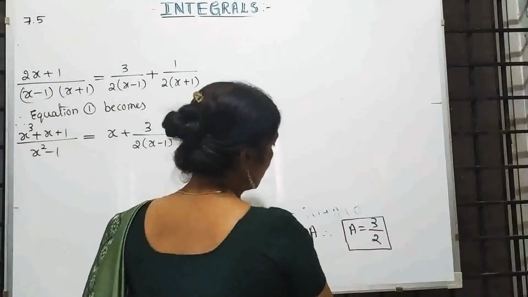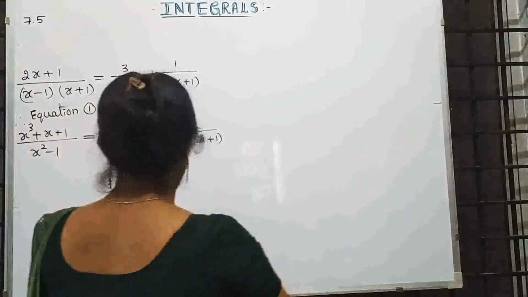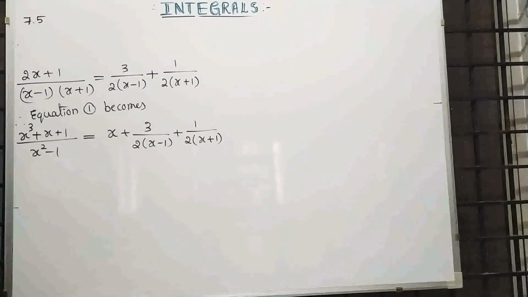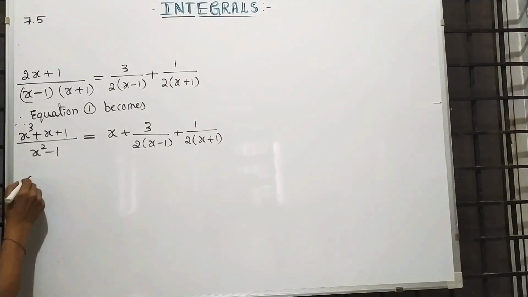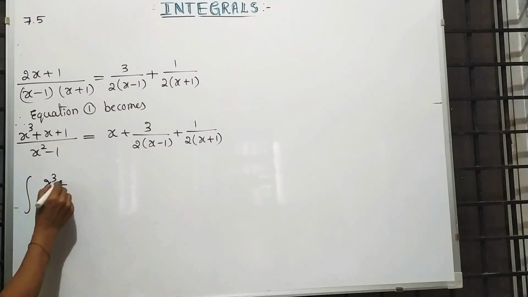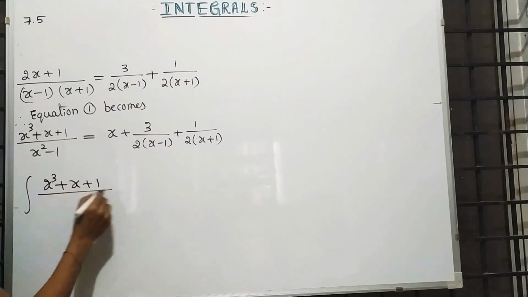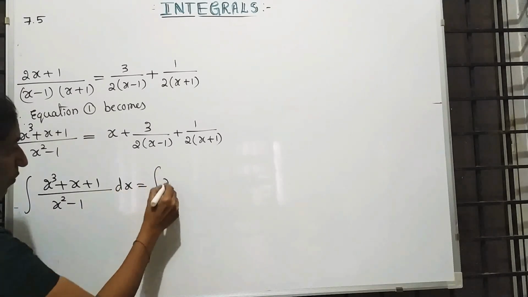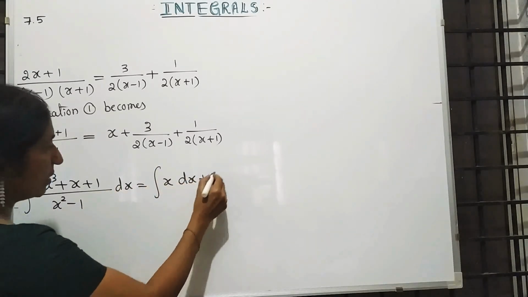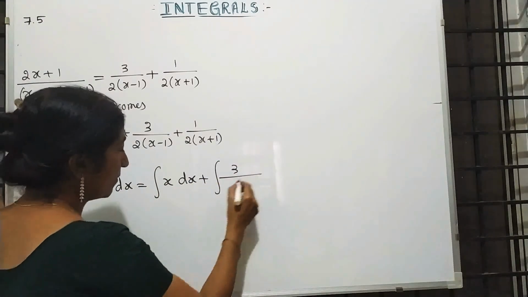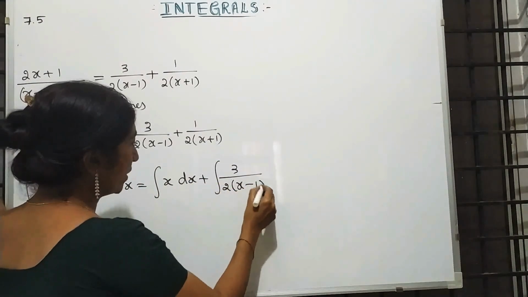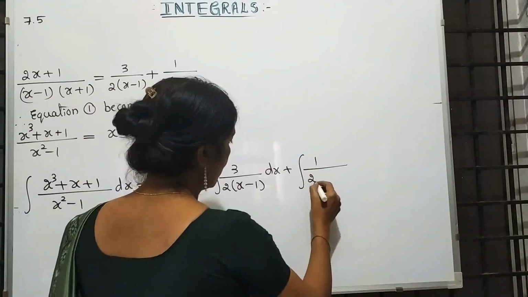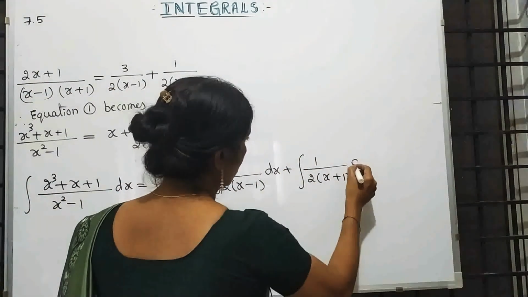Now integrate both sides with respect to x. Integral of x cube plus x plus 1 upon x square minus 1 into dx is equal to integral of x into dx plus 3 by 2 integral of 1 upon x minus 1 into dx plus 1 by 2 integral of 1 upon x plus 1 into dx.